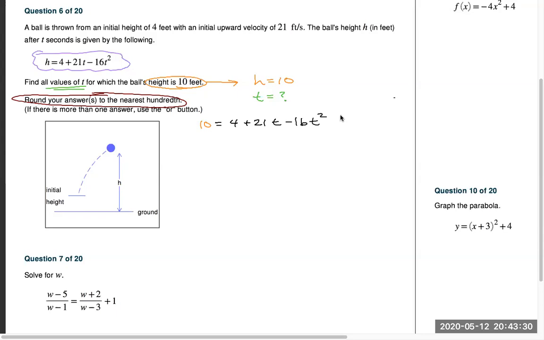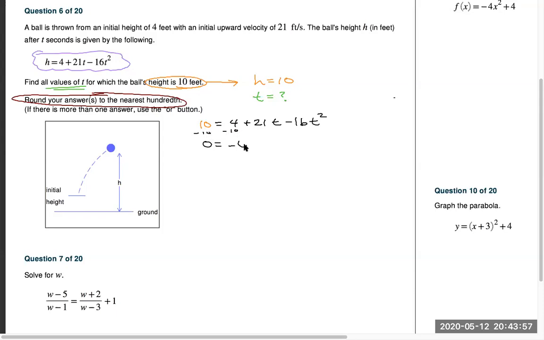Okay, and then we want to get all of our terms on one side, since this is a quadratic we're trying to solve. So I'm actually going to start by putting the 10 on the right-hand side by subtracting from both sides. So subtract 10 both sides.